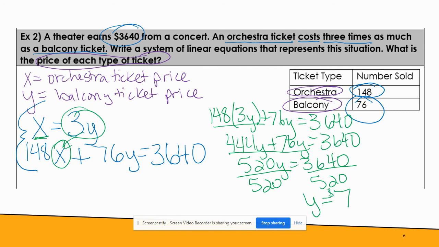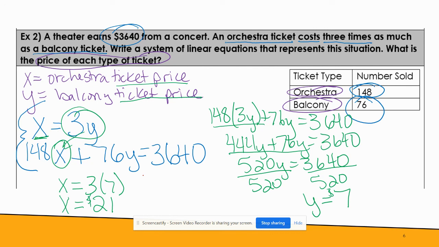Now that we know that y is $7, I can come back to my x is equal to 3y and plug in that 7. And 3 times 7 is 21. And I put money there because we said x is a ticket price and y is a ticket price. So my final answer, remember in word problems we write these out.